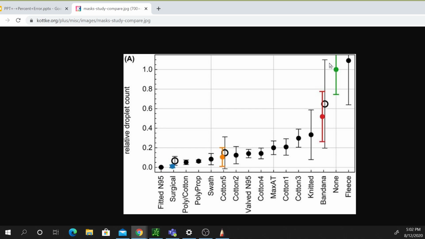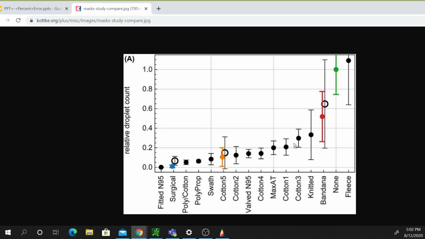But notice that it has a high error bar. Because it has such a high error bar, the actual value, or the experimental value, could be anywhere in between here. So even if you see a news report like this, you can take a look and see, well, where are the error bars?